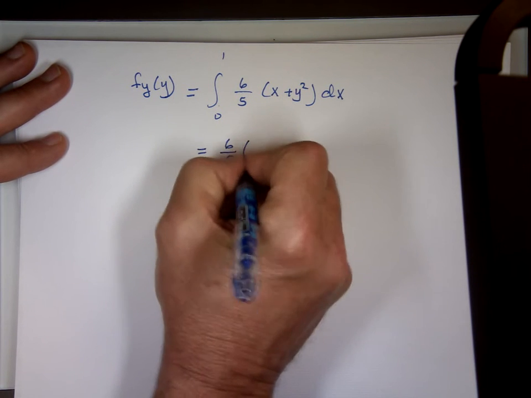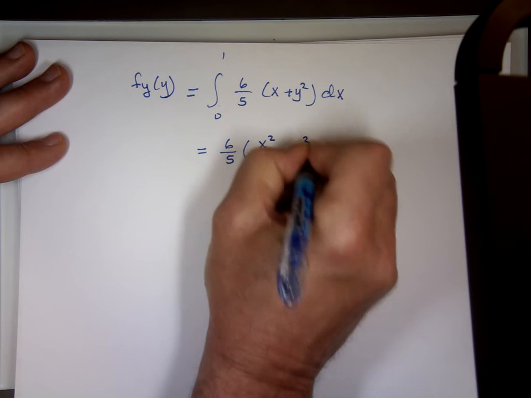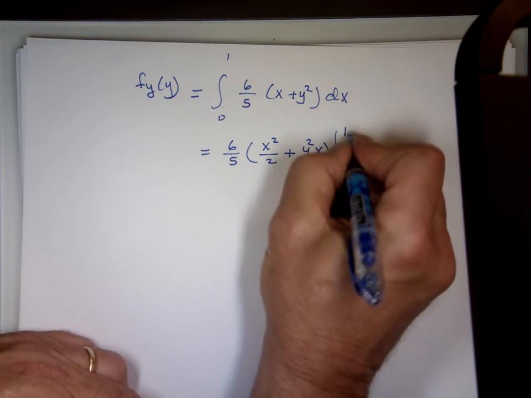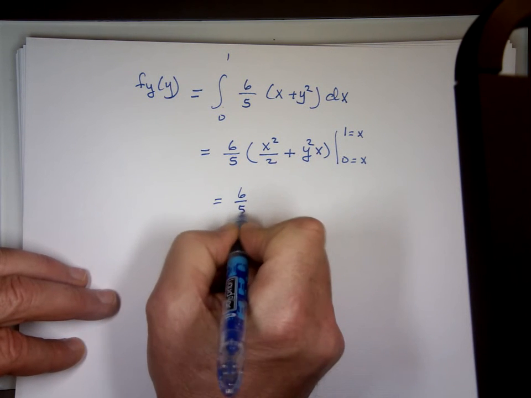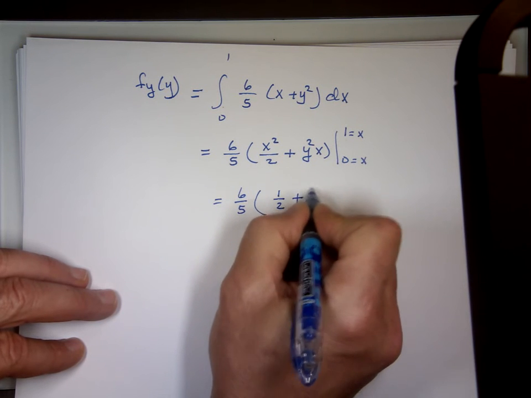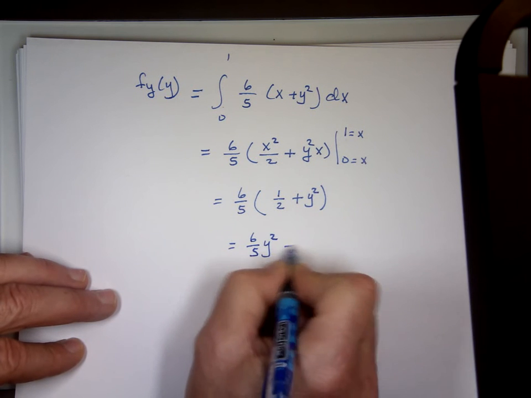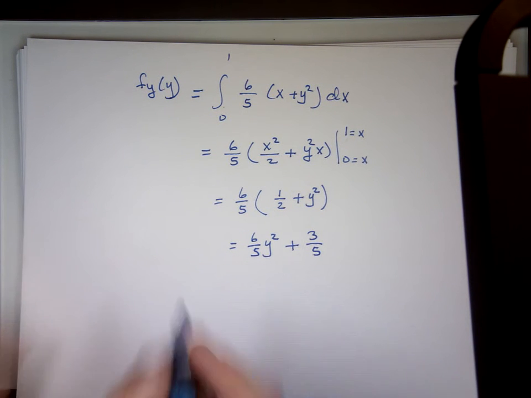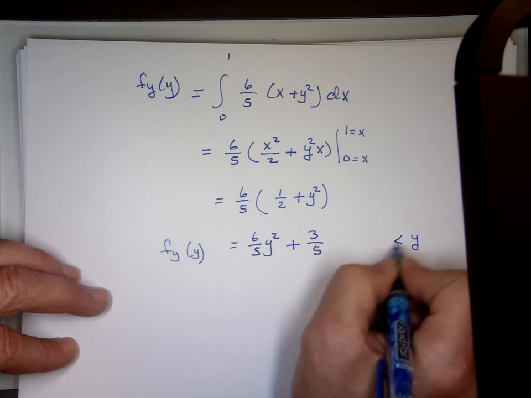X squared over 2 plus y squared x, as x goes from 0 to 1. So when x is 1, 1/2 plus y squared. Is that 3 over 5? And this is y between 0 and 1.